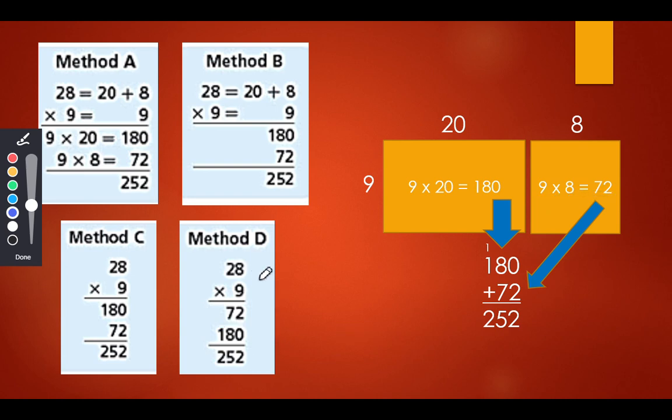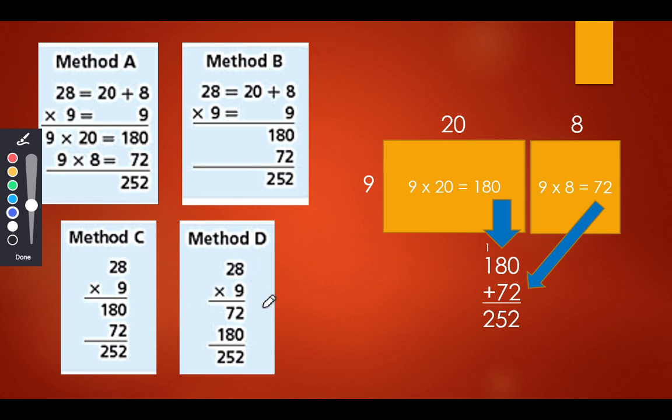And then we're going to multiply 9 times 20 and make it 180, which it totally is. And there is 9 times 20 is 180. And then we're going to add our partial products and get the answer 252. Now, you might wonder why we would even do method D since we just did method C, which looks pretty much the same.